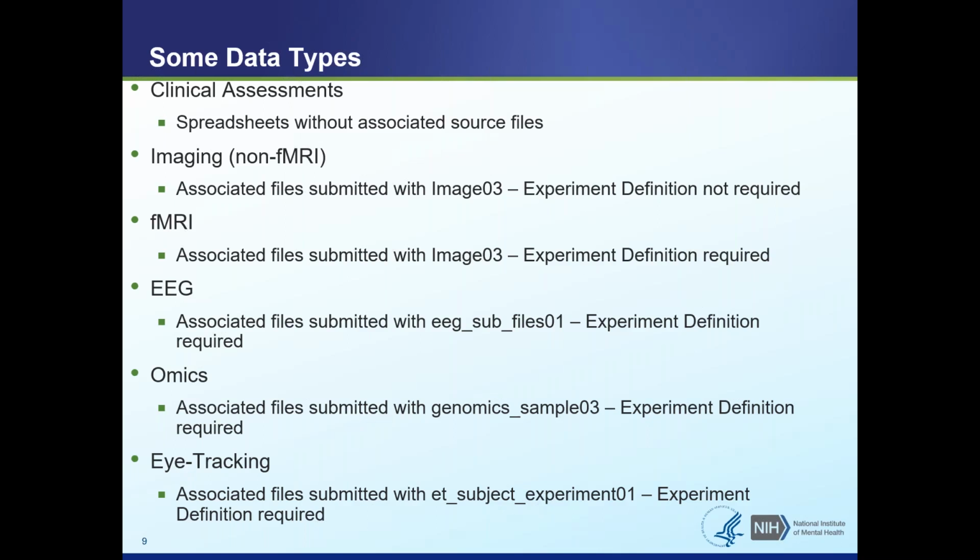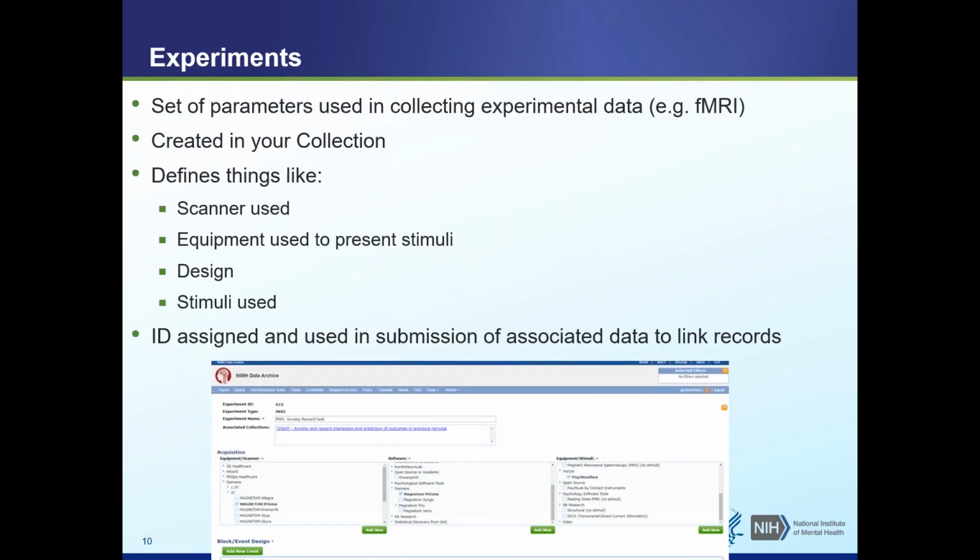So the structure EEG subfiles 01 is a data structure generically for all raw EEG data, regardless of the experiment you're running or any tasks that may be performed during the experiment. Those are defined in their own structures, and the actual data on your scanners or the equipment, those are what's in the experiment definition. So this also covers experiments.